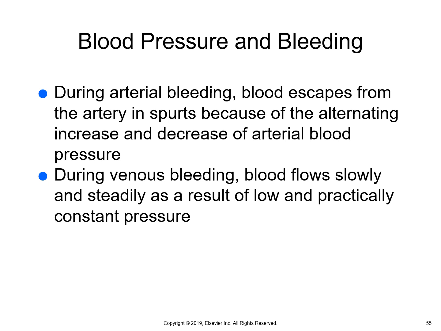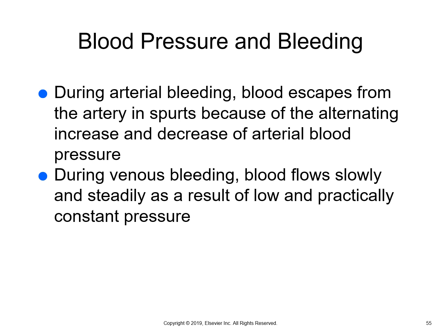Each spurt is going to coincide with that person's heartbeat, and it makes arterial bleeding more dangerous due to the fact that they could be rapidly losing blood. It's going to appear bright red in color, and of course we're talking about oxygen rich blood. So that bright red color indicates that the blood is rich in oxygen.